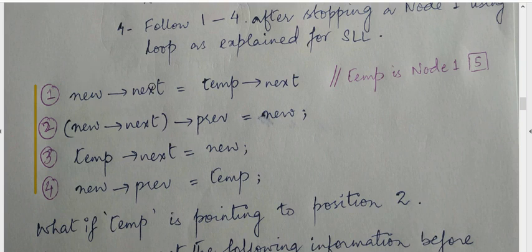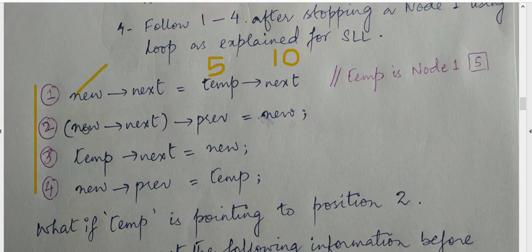So in the next field of 50, which was null initially, since we have stopped one before the position where we want to add, we are at node 5. The temp node is node 5, and its next field contains the address of node 10. So we are putting the address of node 10 in the next field of 50.